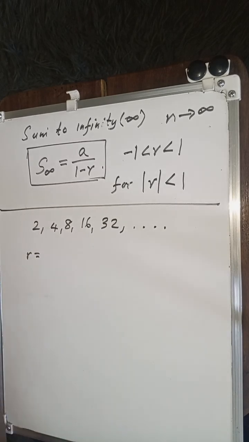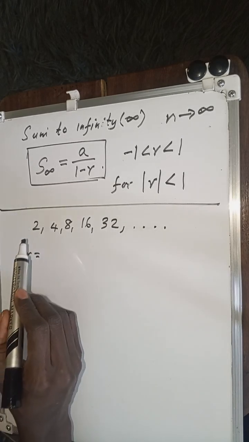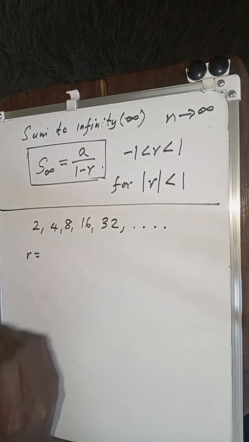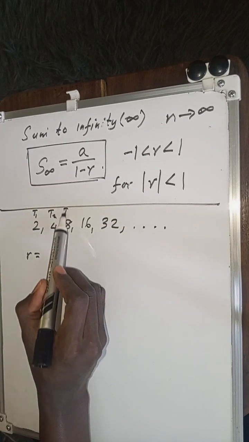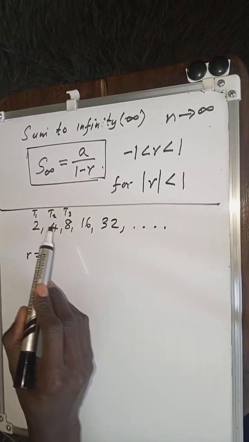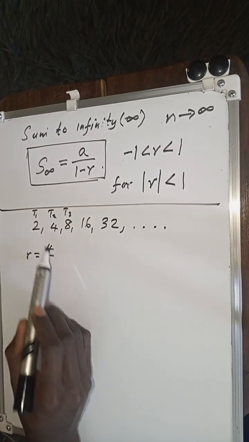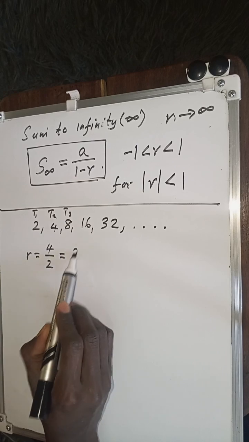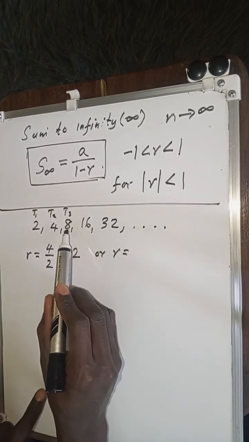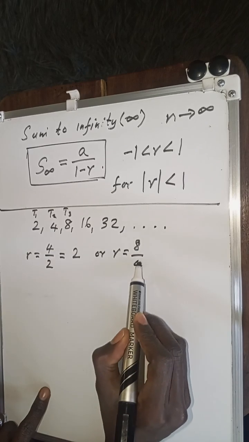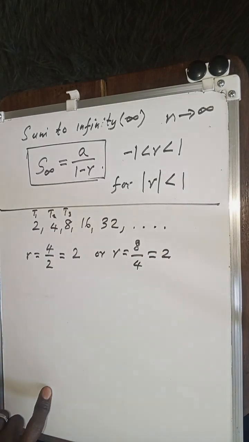So how do I get the common ratio? Remember, this is my first term, this is my second term, my third term, and so on. So when you get 4 divided by 2, what will that give you? It gives you 2. It should be the same even if you were to get 8 divided by 4, it will still give you 2.